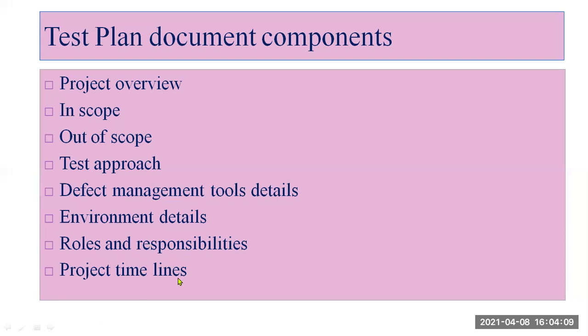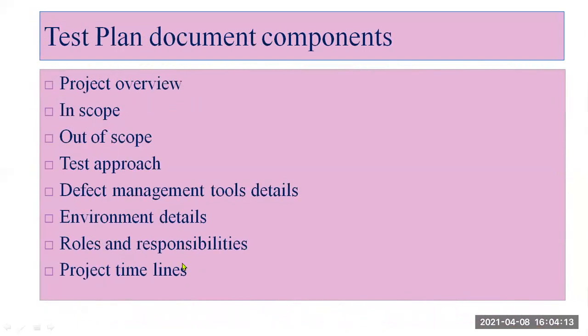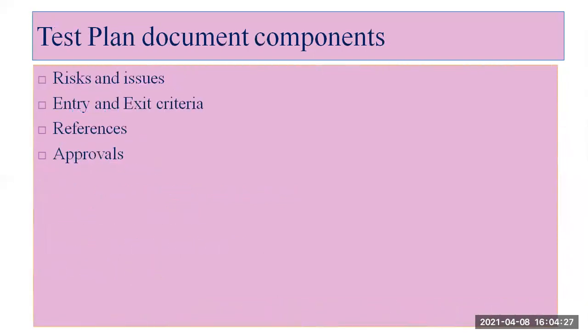Next one is project timelines. Project timelines means when this project is going to start, when this project is going to end, and when we are going to give QA sign off. That information we give in the project timelines. Next one is risks and issues.